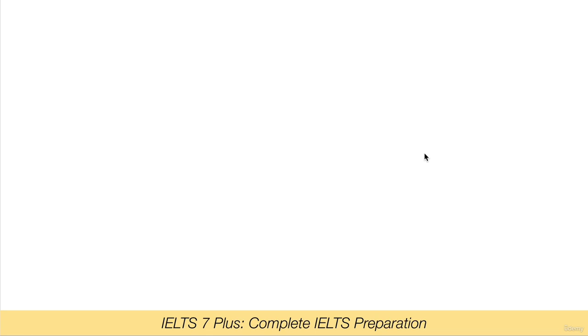Today we are going to look at two task 1 questions. Task 1 are the shorter essay style questions, part of the writing element of the exam, and you have 20 minutes to answer this question, and you're expected to write a minimum of 150 words.